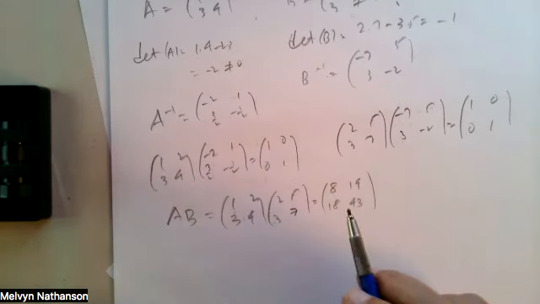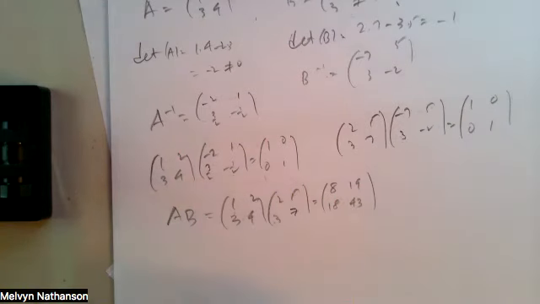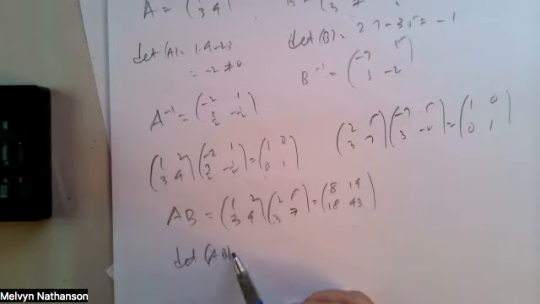So that's the product AB. And what is the determinant of AB? It's 8 times 43 minus 18 times 19.